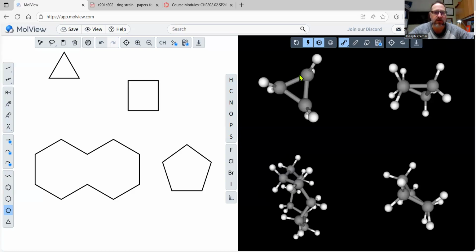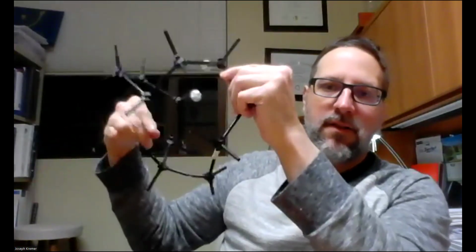The larger size rings, cyclononane, cyclododecane: angle strain, check. Torsional strain, just fine. No eclipsed bond angles. Transannular strain, uh-oh. I can do it with my models a lot better. You hear that? Clank, clank, clank.